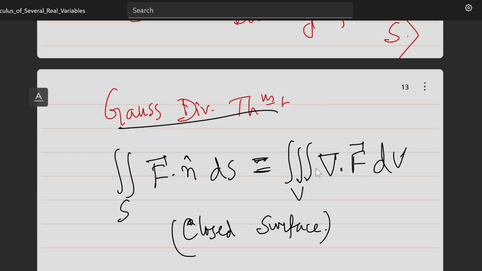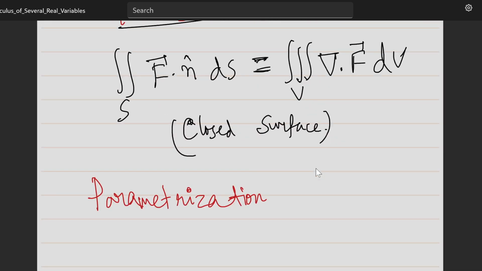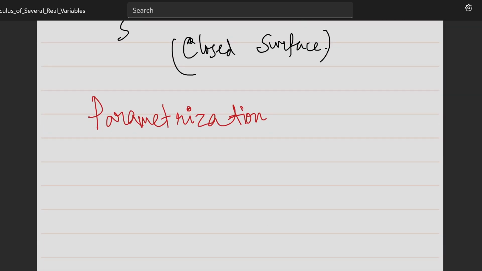In all the cases, Stokes theorem, Gauss divergence theorem, and Green's theorem, parameterization is one point. Parameterization means sometimes after applying Stokes theorem you still cannot solve. Then what will you do? You have to parameterize.